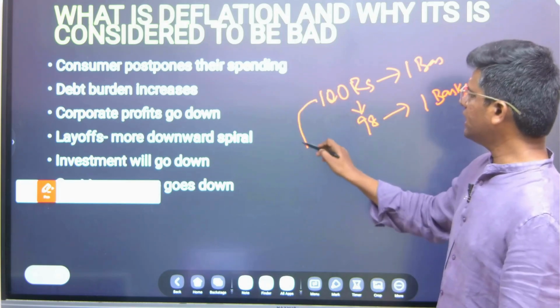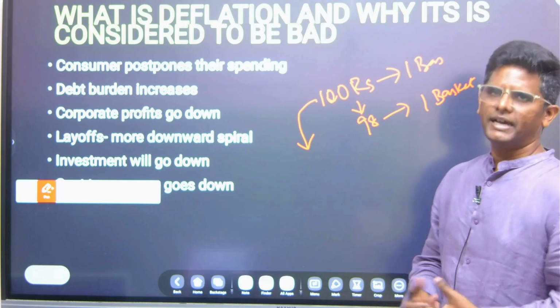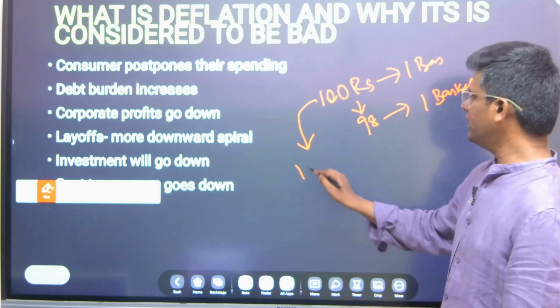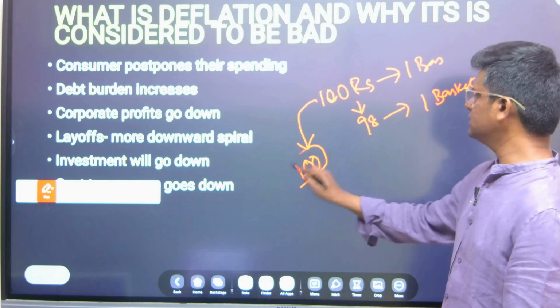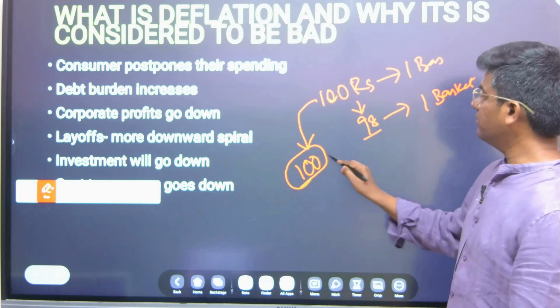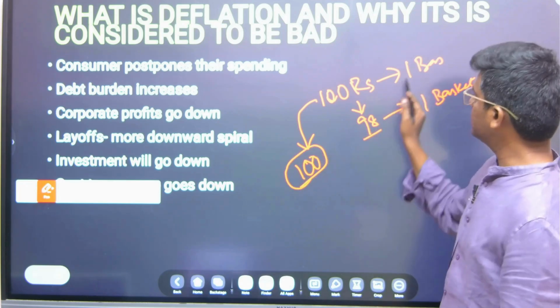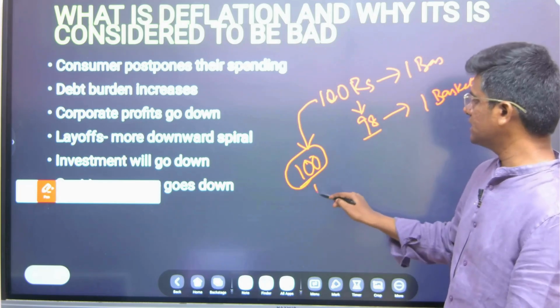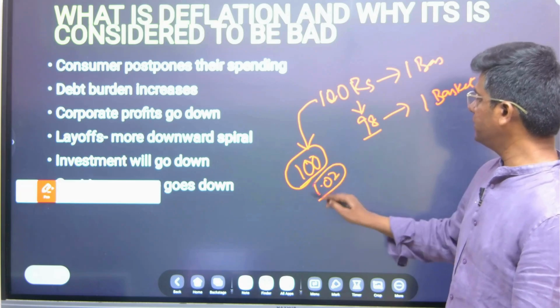Now after 1 year I have to repay back 100 rupees with interest. Let us imagine in this case there is no interest. So when I am repaying back 100 rupees, that means I am not repaying one basket of goods. I am repaying 1.02 baskets of goods. I am repaying more.